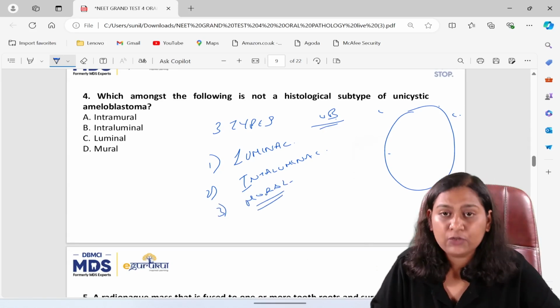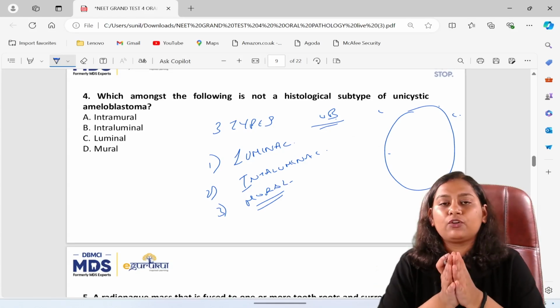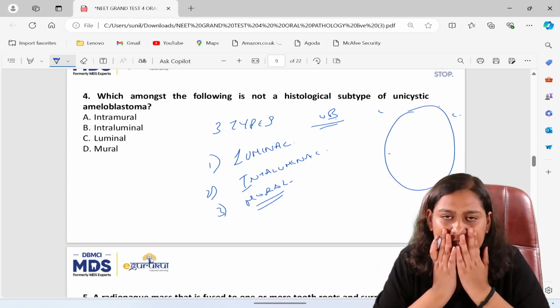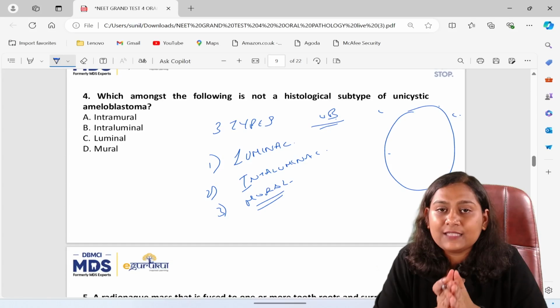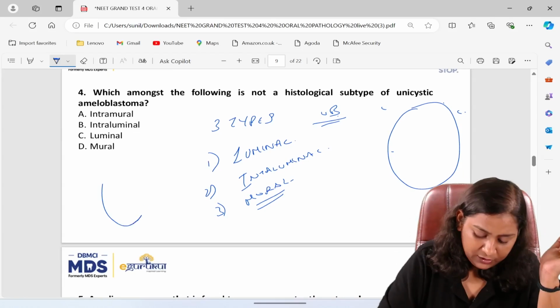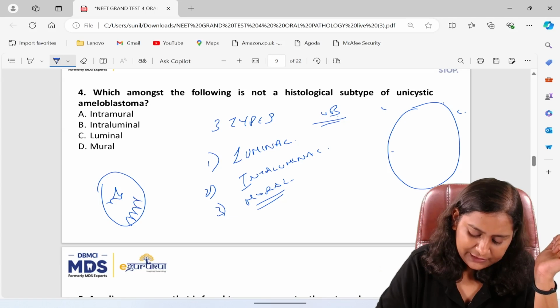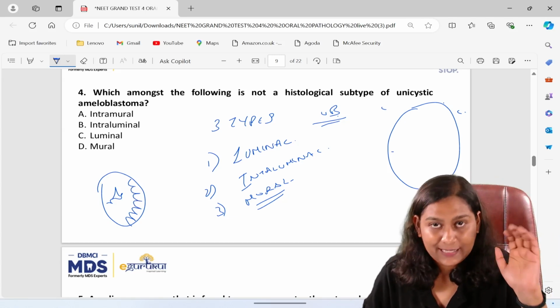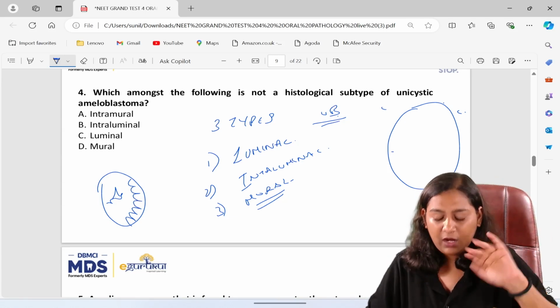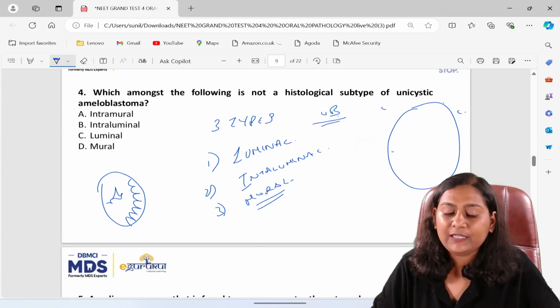Okay, now in luminal, what happens? Now remember, first of all, in ameloblastoma, the basic structure remains the same. In the center, there will be stellate reticulum-like cells, while in the periphery, there will be tall columnar-like cells. So that we'll be discussing in our next question. Okay, now luminal. What happens?